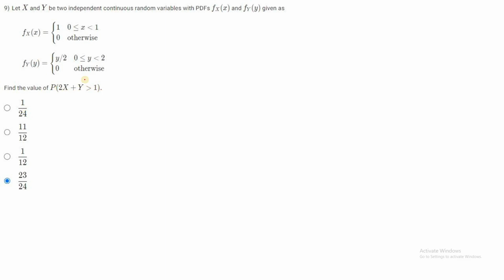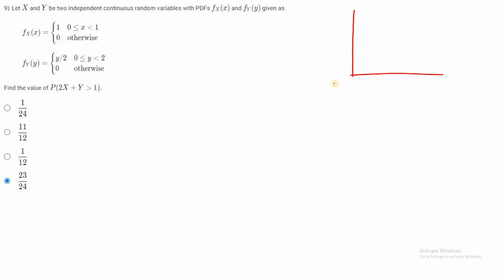Okay, so now how to do this? Starting with, let's plot a graph so it will be very easy for us to visualize. So what about 2x plus y is equal to 1?